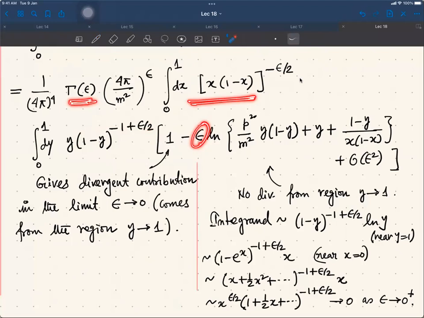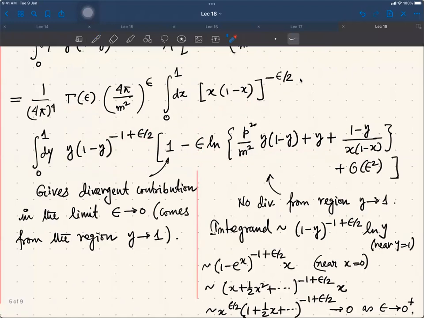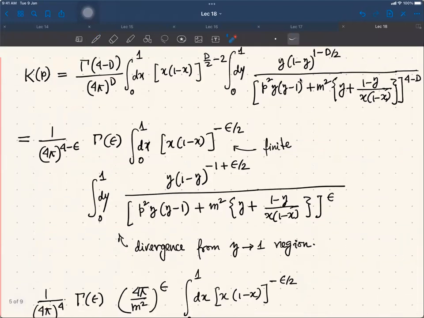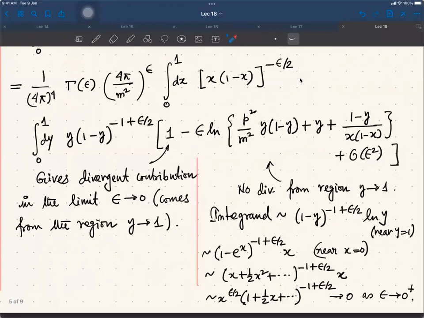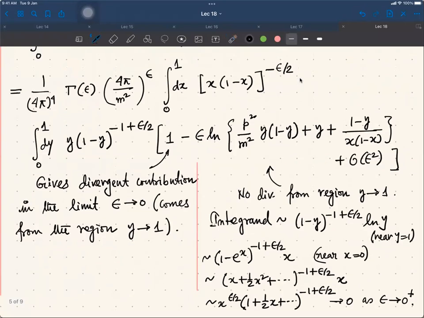So that 1 over epsilon pole multiplying this epsilon will give you a finite contribution. So that means this term is going to offer a finite contribution to the quantity Kp. So let us note that here.